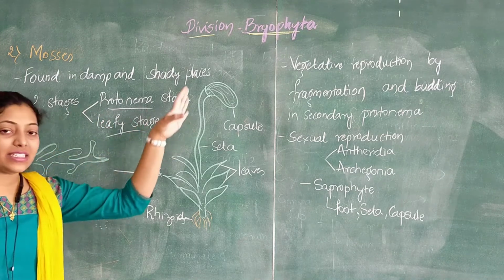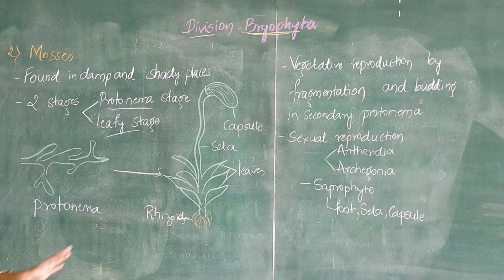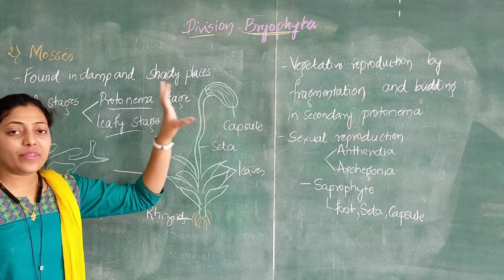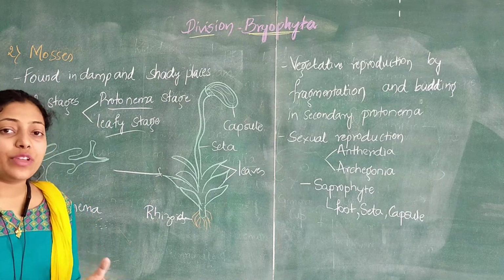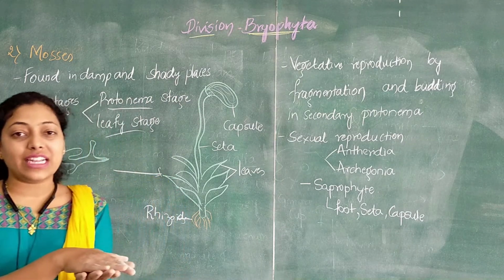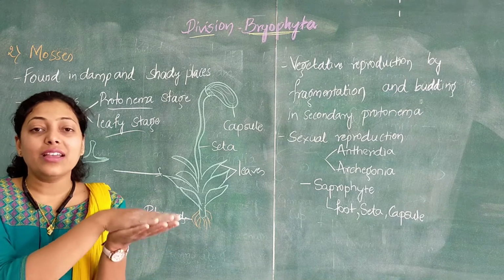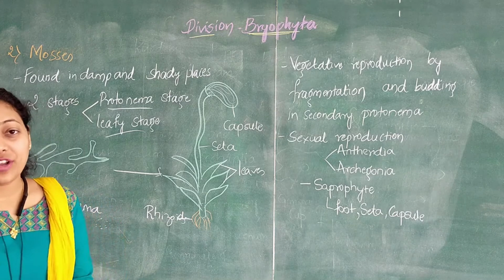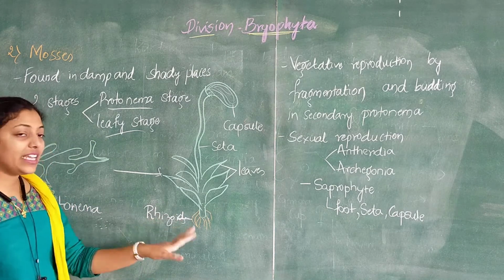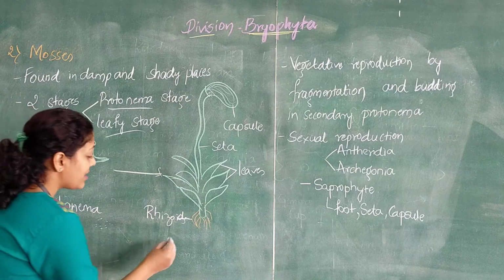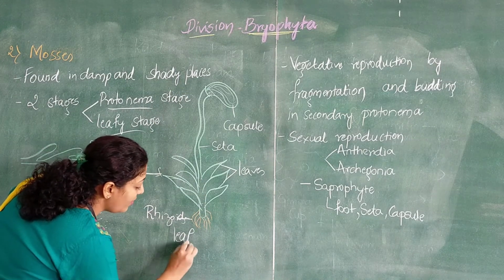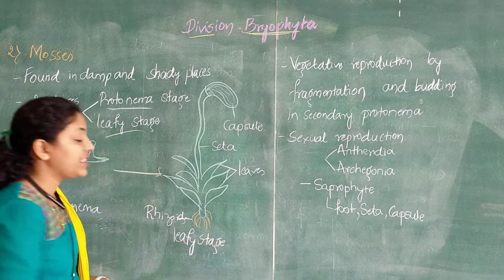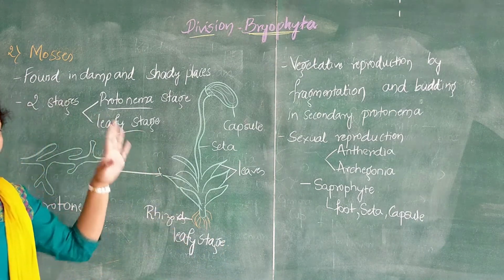The next stage is the leafy stage, wherein you can see the occurrence of leaves and an erect body. In liverworts we saw that the body was prostrate, dorsoventrally appressed to the substratum. But here we see an erect body, and it is called the leafy stage because it consists of leaves.